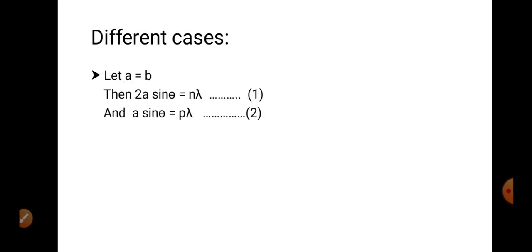If we divide 1 by 2, we obtain n/p = 2, so n = 2p. It is not mentioned in the PPT, but if you solve 1 by 2, you get n = 2p. That is the condition in this first case.